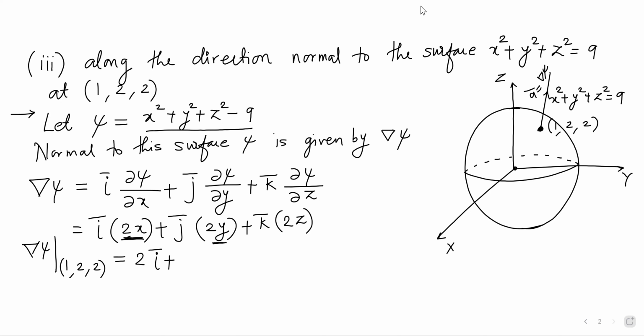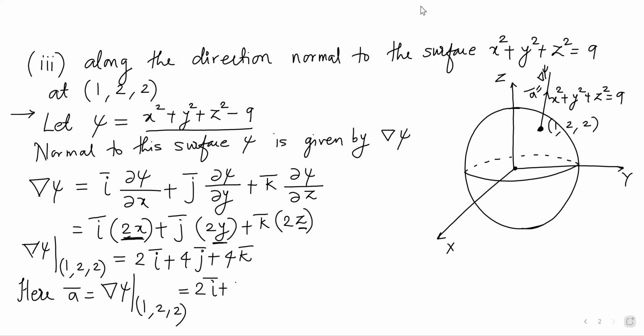Put y as 2, so we get 4 j bar. Put z as 2, so we get 4 k bar. So A bar is nothing but del psi at the point (1, 2, 2), which is 2 i bar plus 4 j bar plus 4 k bar.